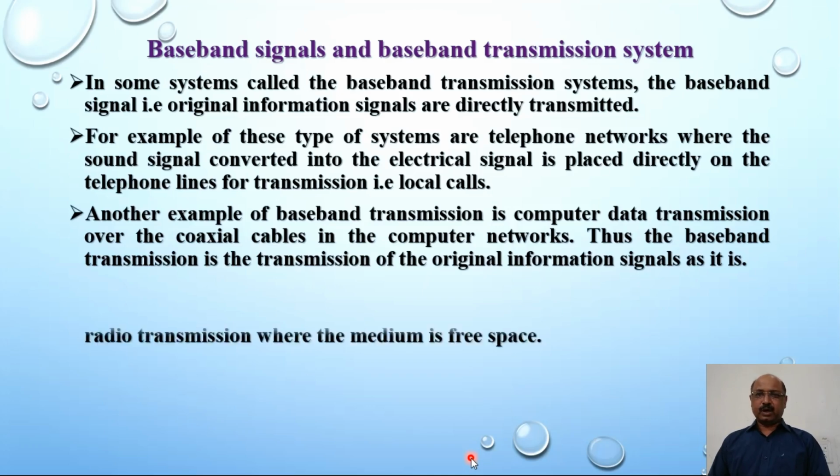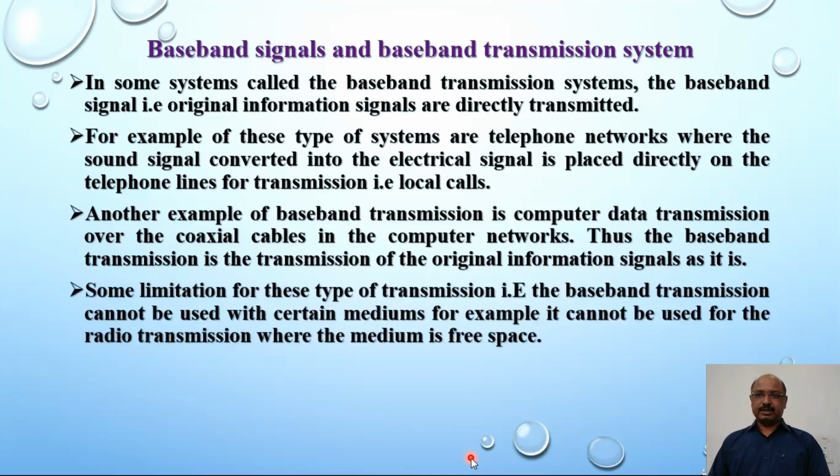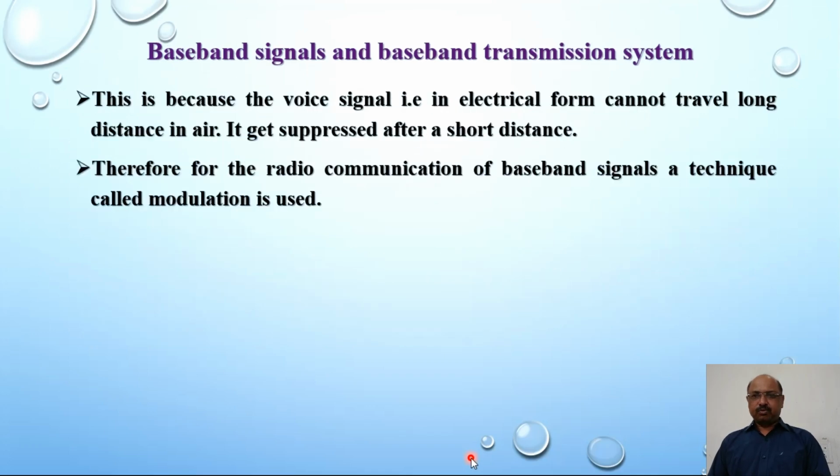Thus baseband transmission is the transmission of the original information signal as it is. There is a limitation to this system of transmission: baseband transmission cannot be used with certain media. For example, it cannot be used for radio transmission where the medium is free space. This is because the voice signal in electrical form cannot travel a long distance in air.